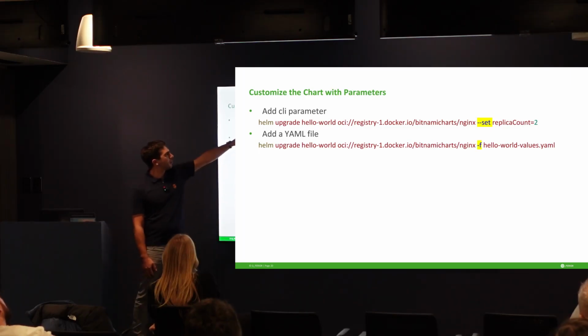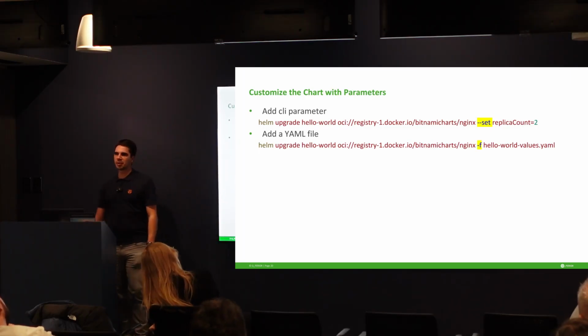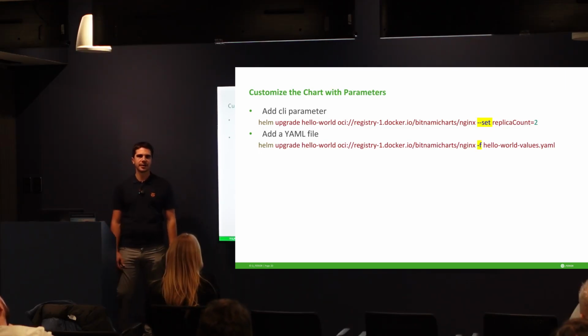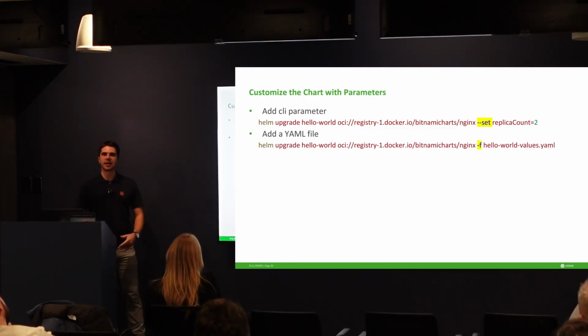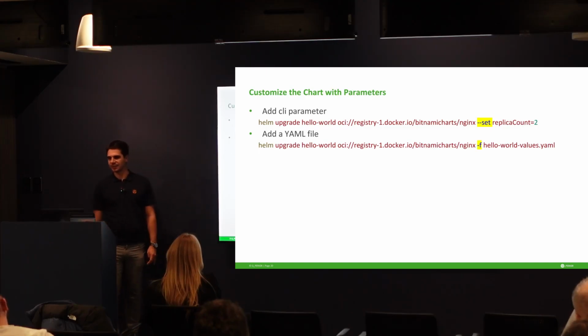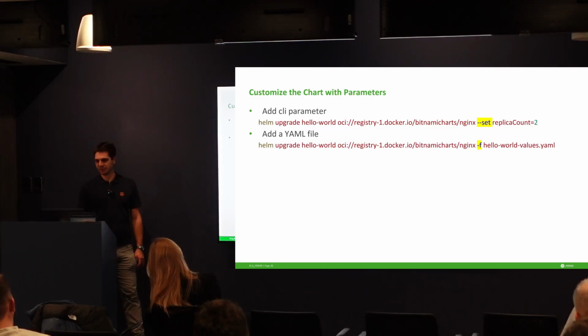And you see now there is an upgrade. It's not install anymore, because the first time you install it, and then when you want to make changes, and that's just what we do here, then we can upgrade the chart. So either we can do that with the CLI again, right? Just with set parameters, or if we get many parameters, maybe we also want to store these parameters and version them, we can also apply it with a file.